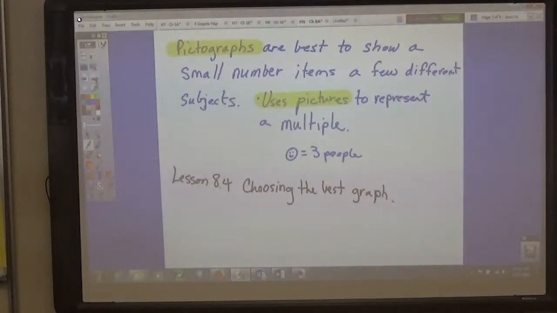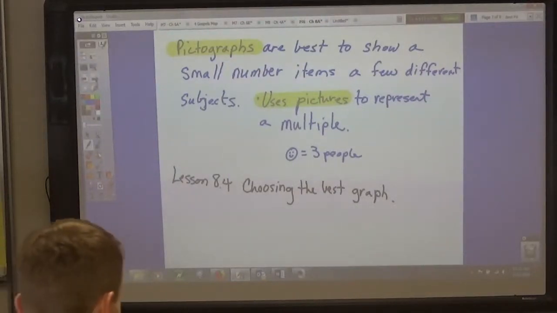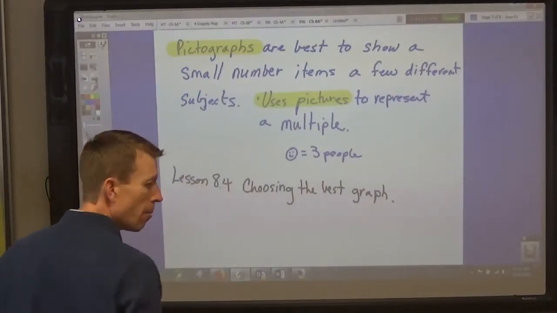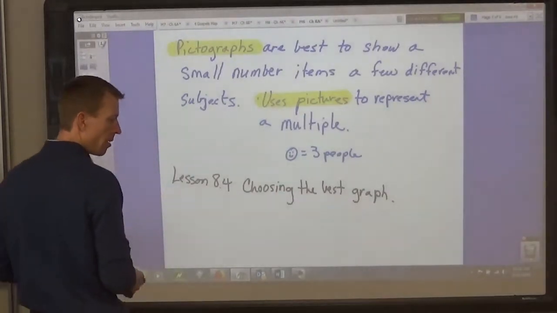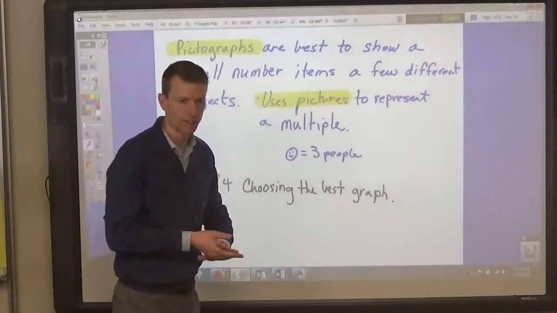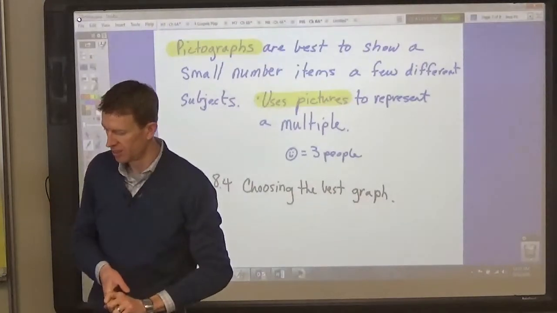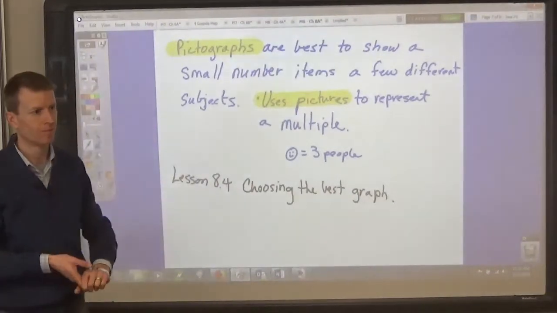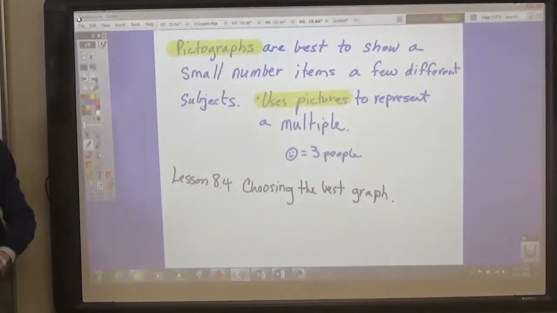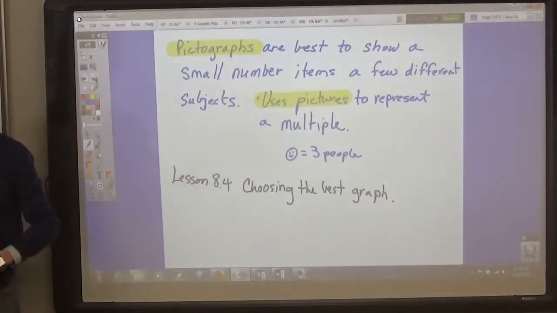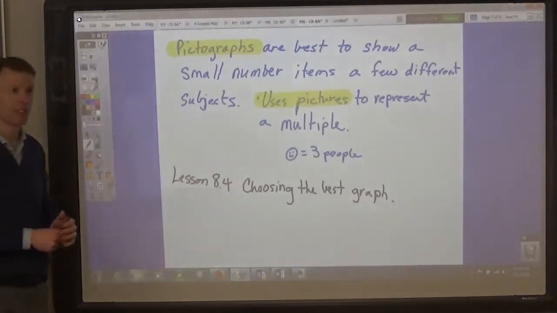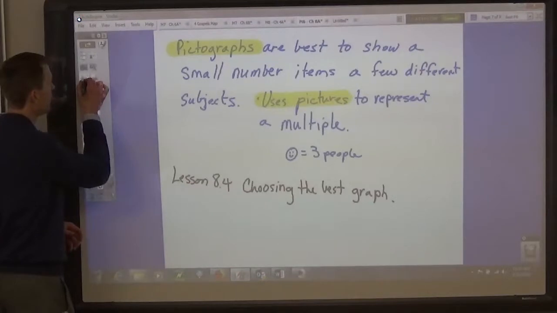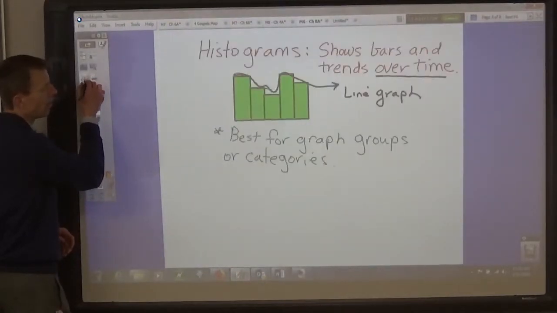So, sixth graders, we've been talking about different types of graphs. We started by talking about double bar graphs. What is the purpose of double bar graphs? What are they good for? Comparing, and specifically if it's a double bar graph, we said comparing what?